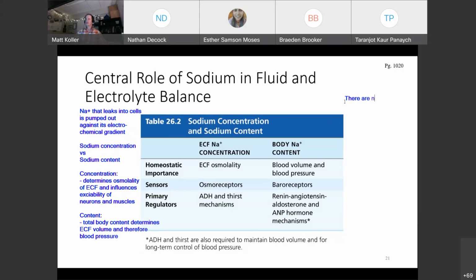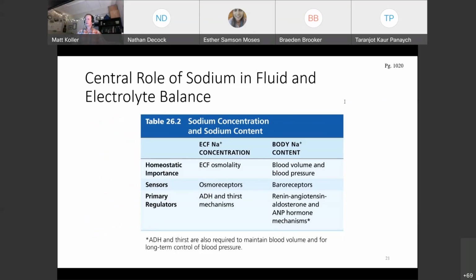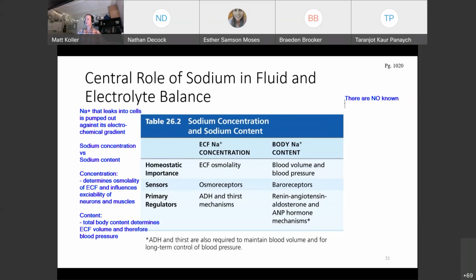There are no known receptors that monitor sodium levels in body fluids.